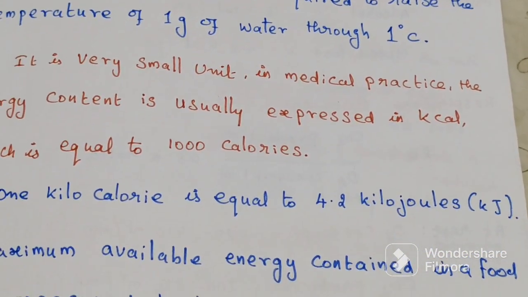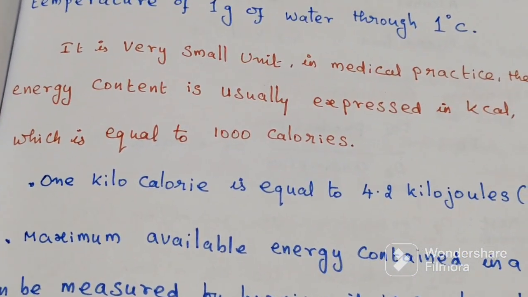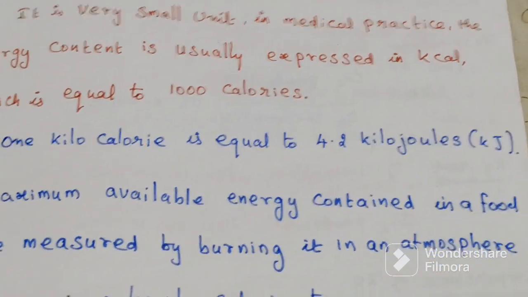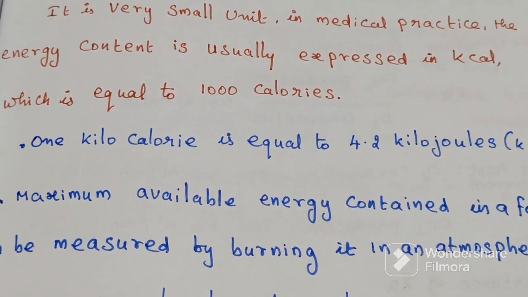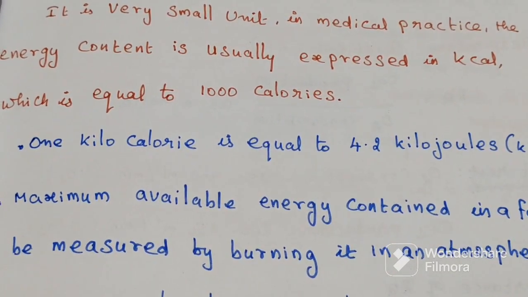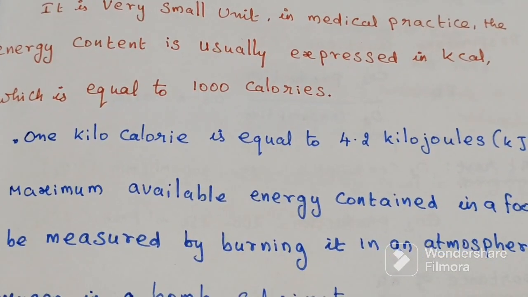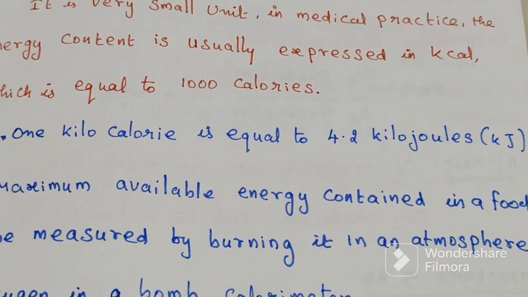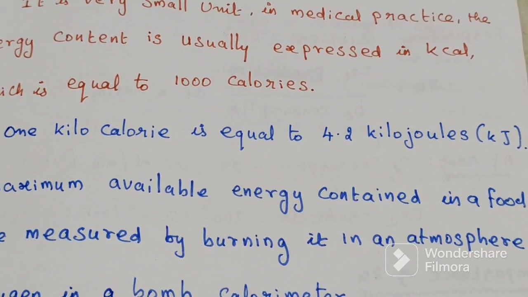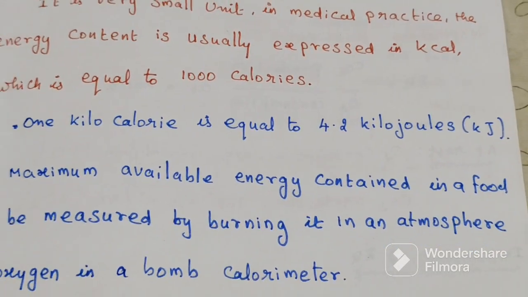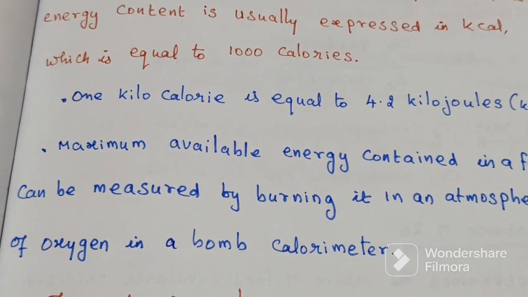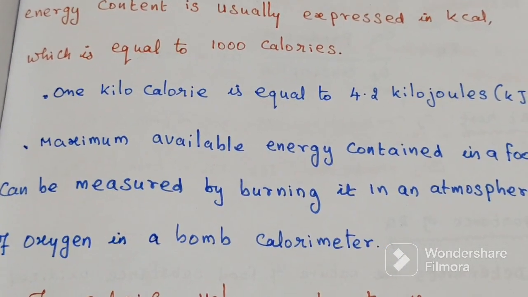Here, the maximum available energy contained in a food can be measured by burning the foodstuff in an atmosphere of oxygen, in a machine called a bomb calorimeter.